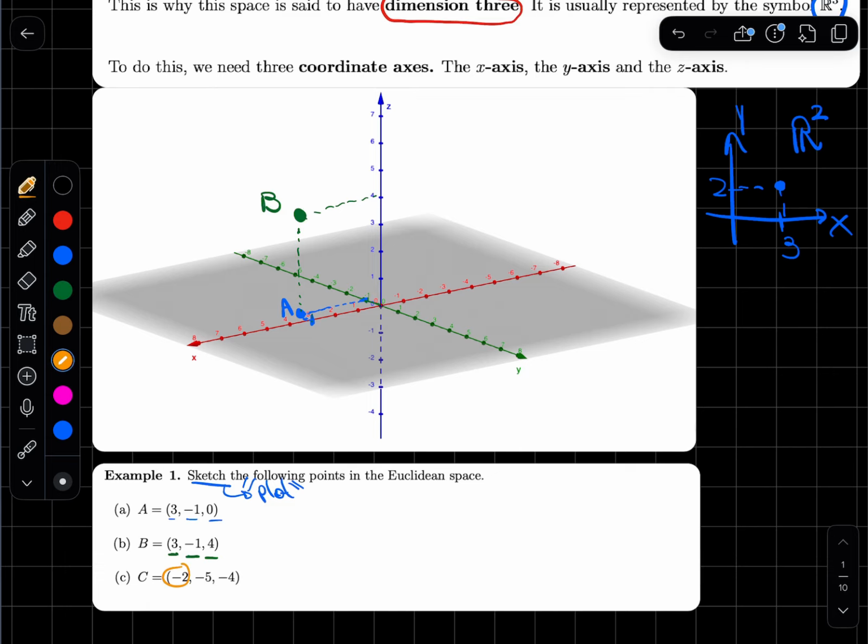And C is the point (-2, -5, -4). So I need to be at -2 on x. So I go this way now. I'm going to go orange. -5 on y, so all the way over there. If I follow the y-axis and the x-axis on the floor first, they're going to meet on the ground here on the floor right there.